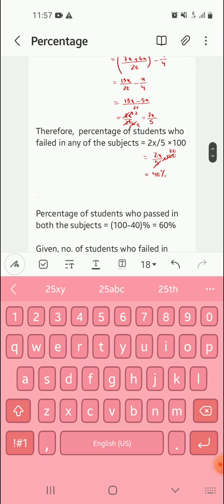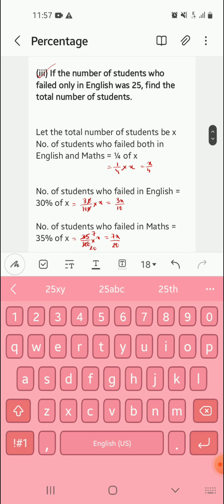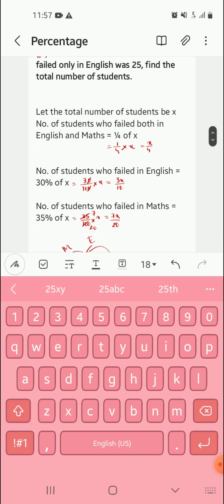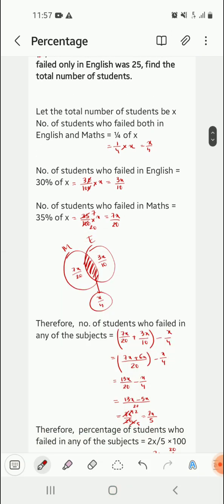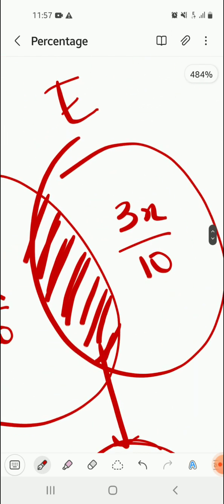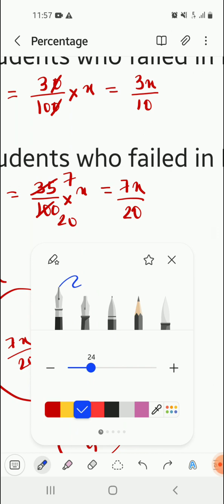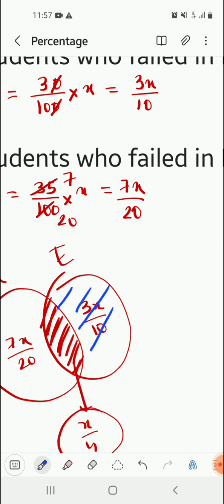Here, we had already found out previously that the number of students who failed in English was 3x by 10. You can see this. We are only to find out the students who failed only in English, that is, only this part of the circle.